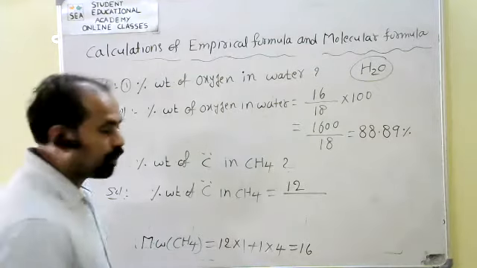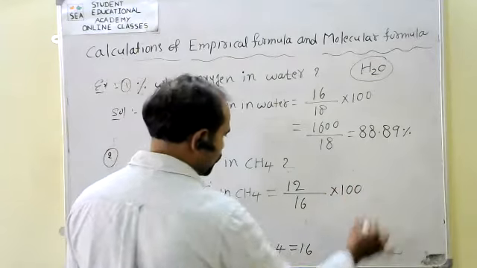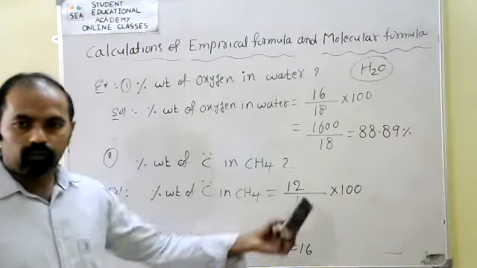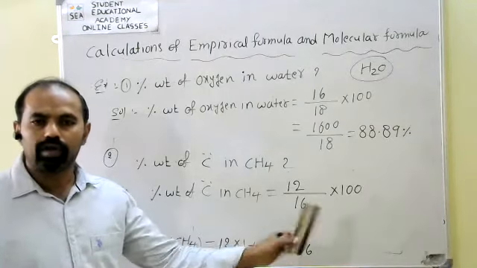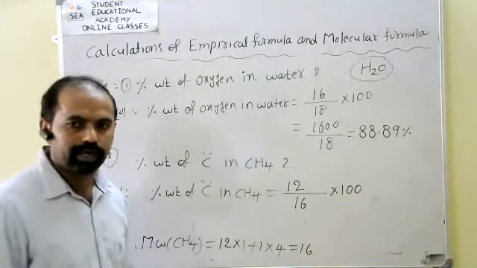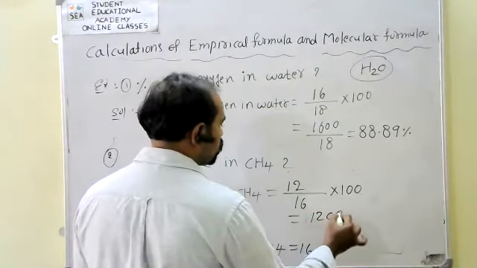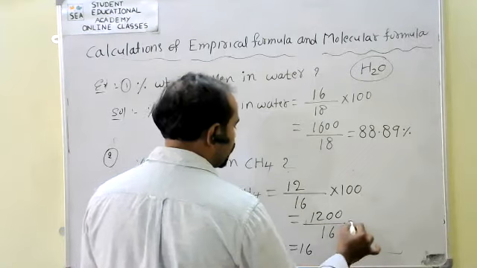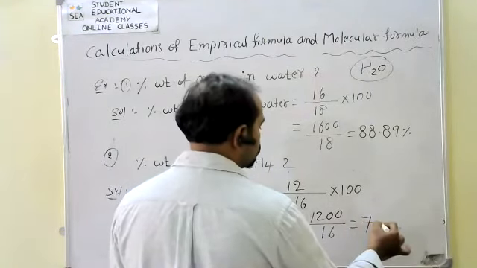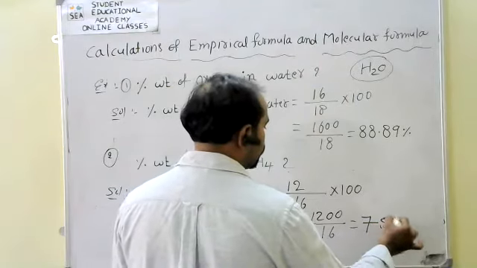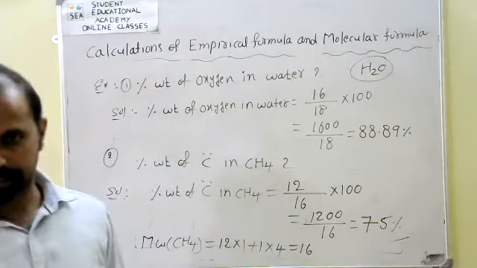So 12 upon 16 into 100: weight of the given element upon molecular weight into 100. That is 1200 upon 16, which is 75%.